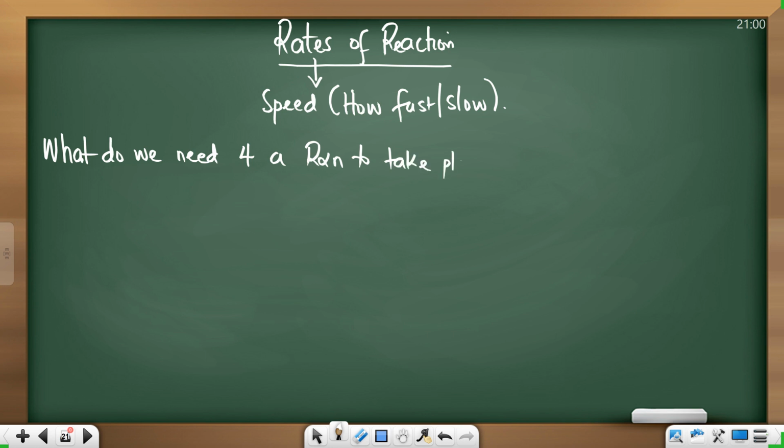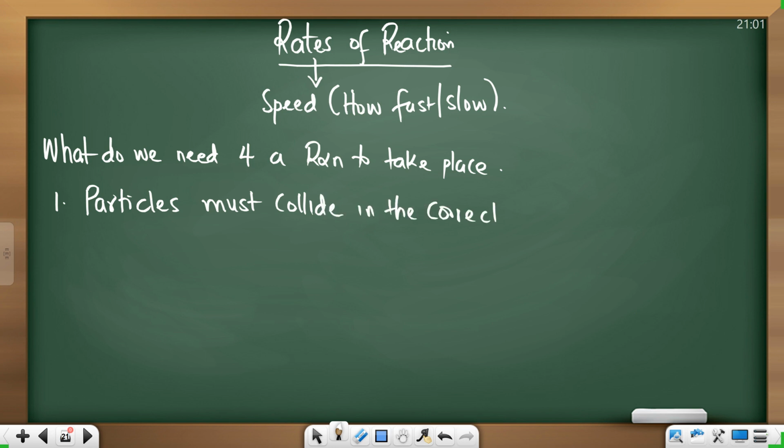There are two things. Number one, for a reaction to take place, particles must collide in the correct orientation. And number two, particles must have enough kinetic energy.